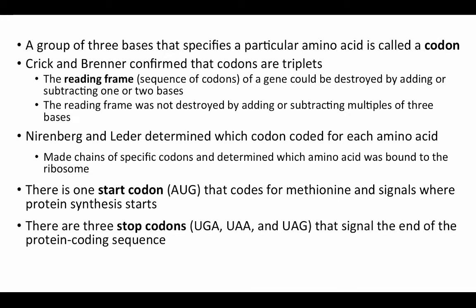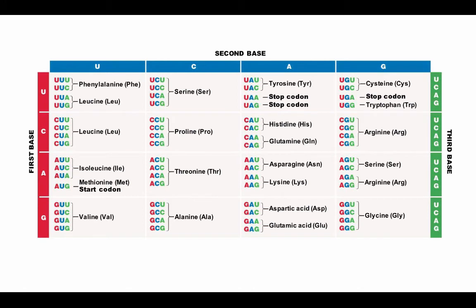There are 3 stop codons, UGA, UAA, and UAG, that signal the end of the protein coding sequence. So that's where the protein is going to stop being synthesized. And the other 60 codons code for the particular amino acids. And so this is the translation guide. This is your secret decoder pen.